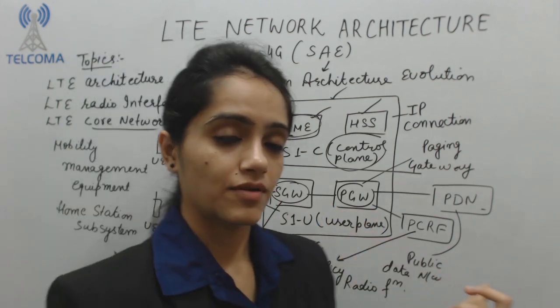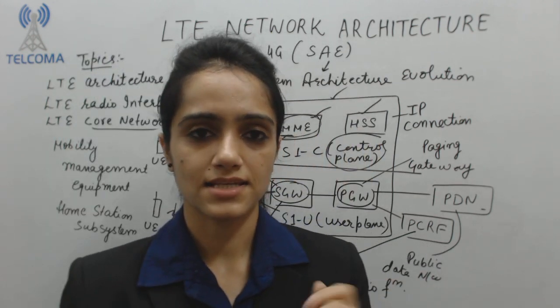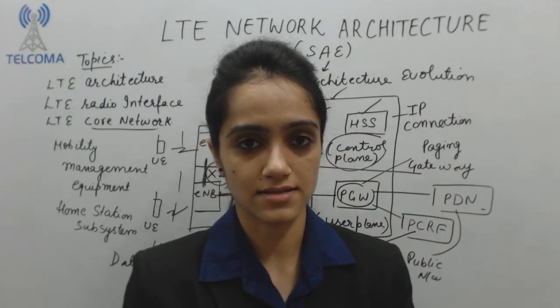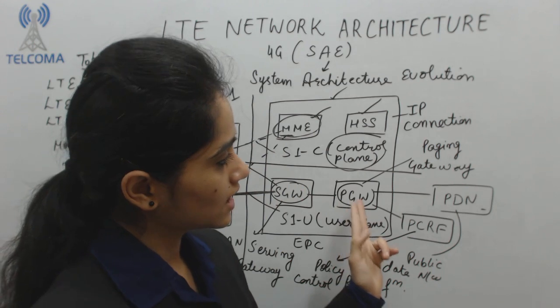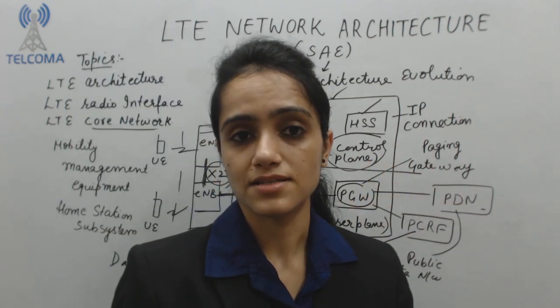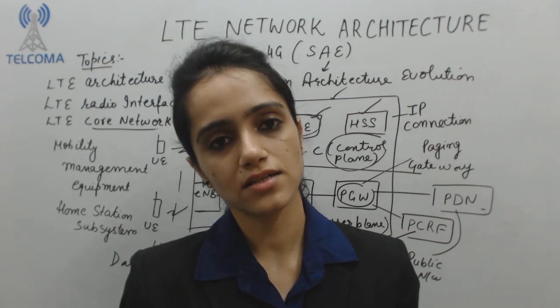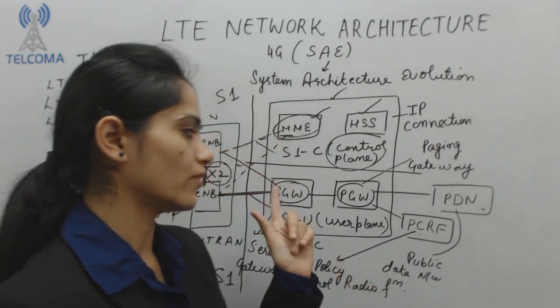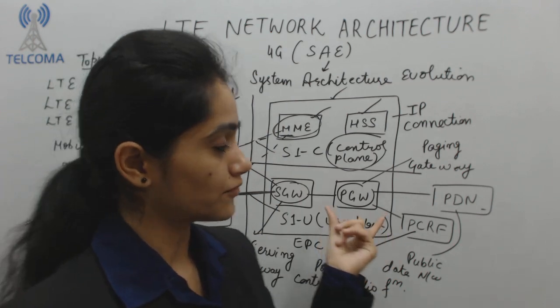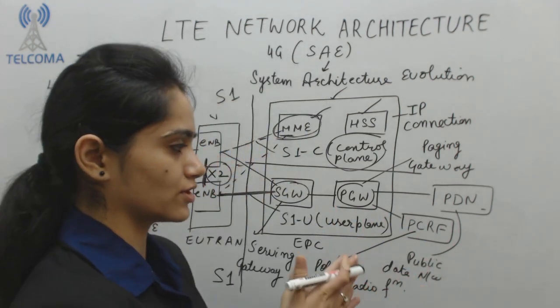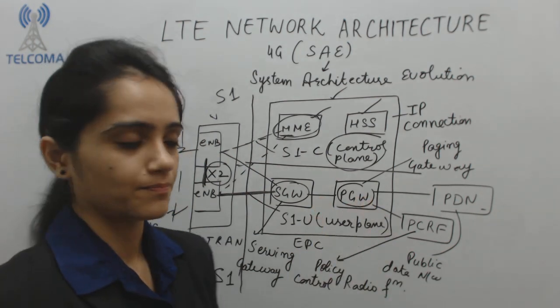Now this paging gateway serves the same as GGSN, but it allocates different IP addresses, and it is a gateway to the external databases. Like Facebook is one database, Gmail another, so we have a number of external databases. The connectivity of one serving gateway is with the help of a number of paging gateways, plus IP allocation is there for the paging gateway.